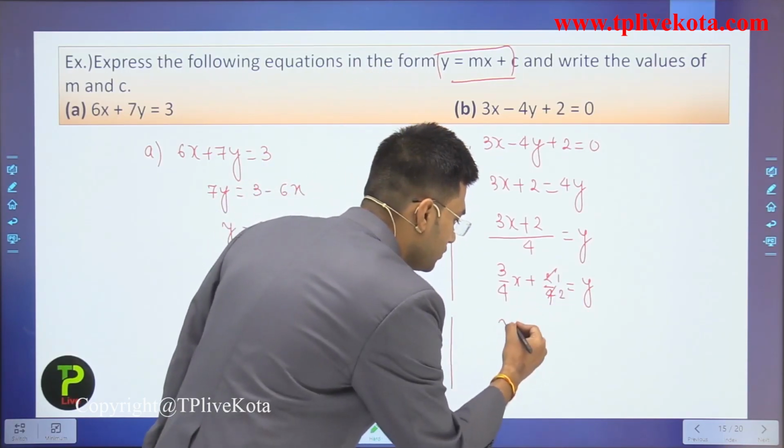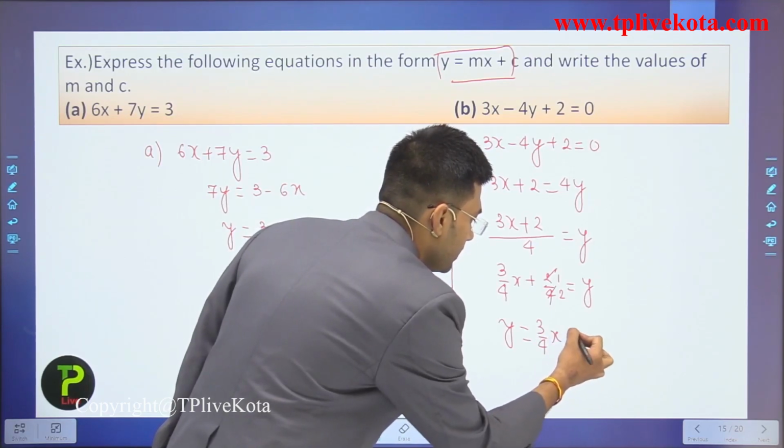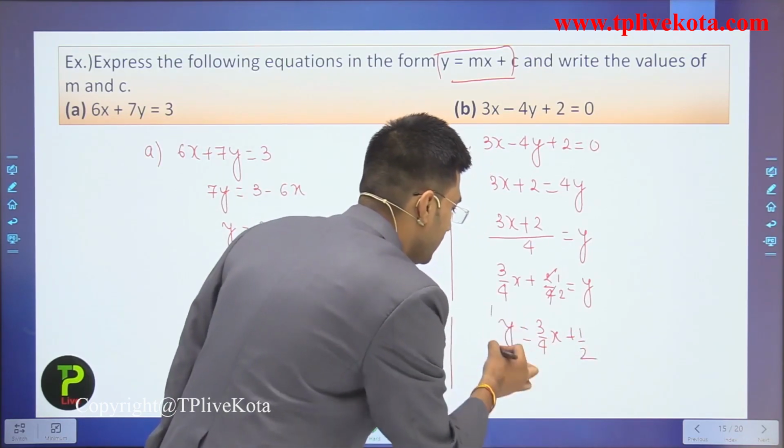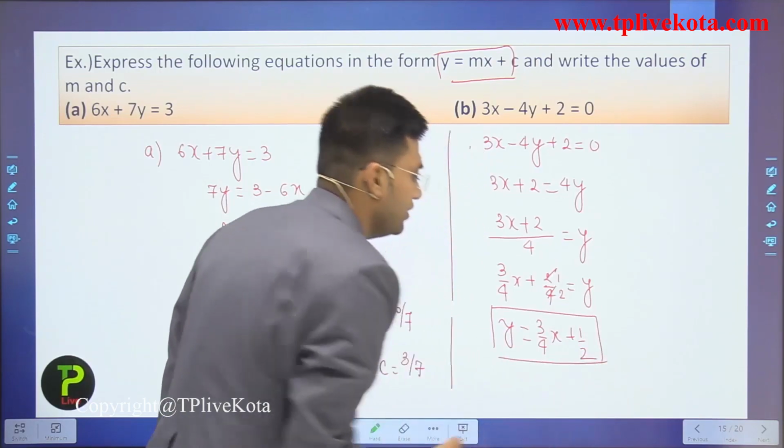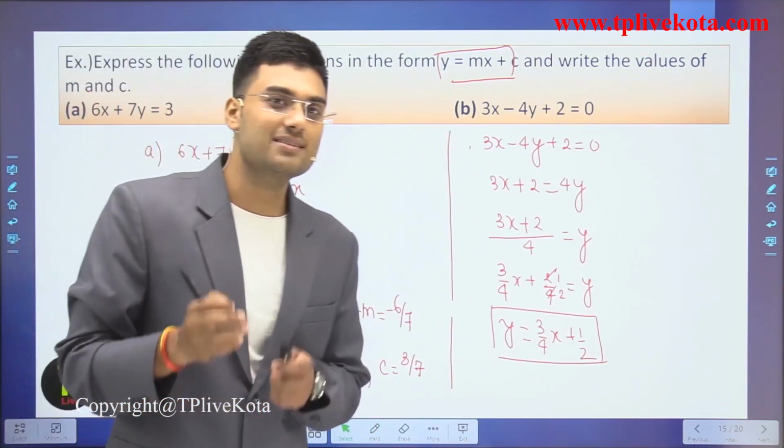So y is equal to 3 by 4x plus 1 by 2. So this is the equation in the form of y is equal to mx plus c.